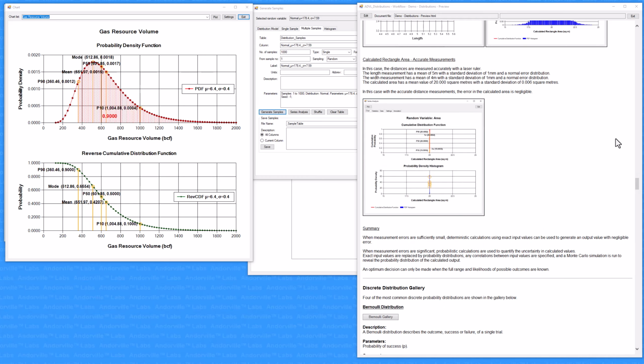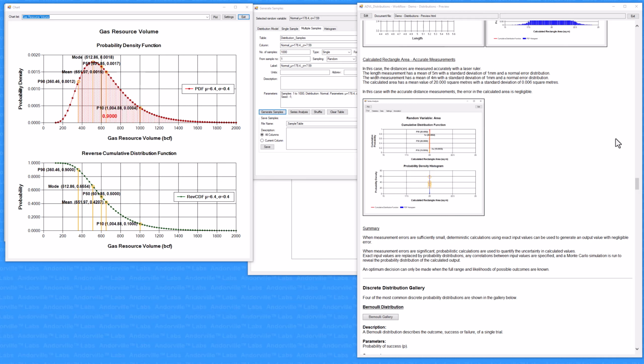In the third example, we calculate the rectangle area using accurate measurements. In this case, the distances are measured accurately with a laser ruler. The length measurement has a mean of 5 metres with a standard deviation of 1 millimetre and a normal error distribution.